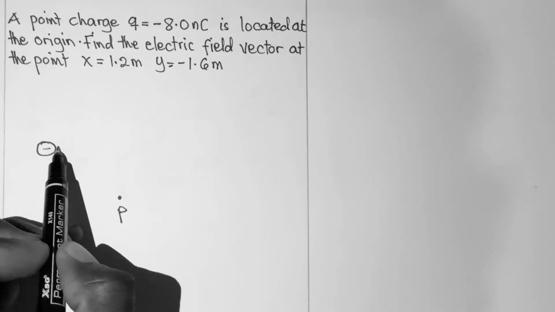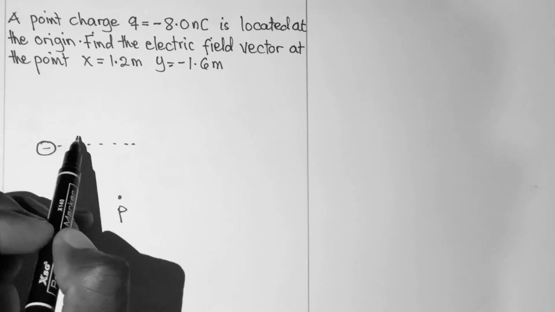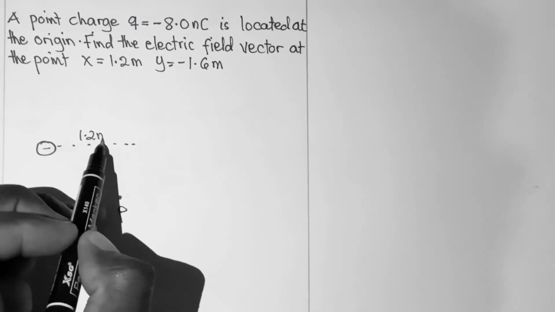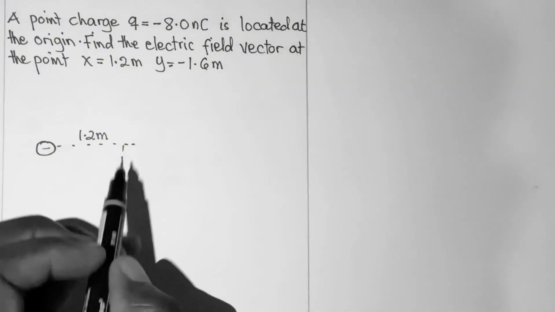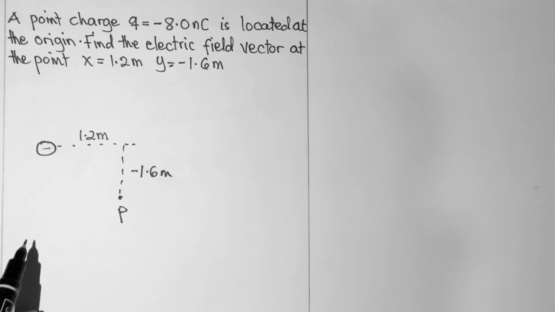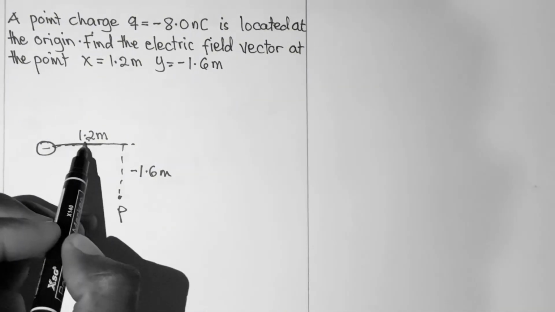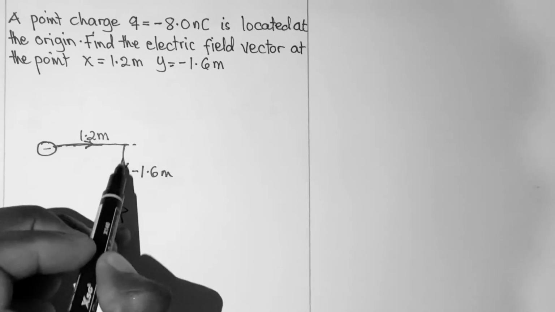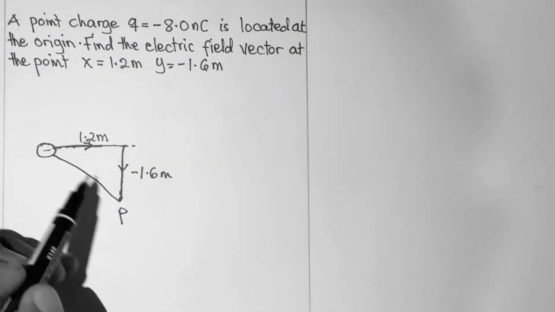Now, from the question, the horizontal component is 1.2 meters and the vertical component is minus 1.6 meters. So in other words, we are moving this way. In terms of vectors, we can join these two together.